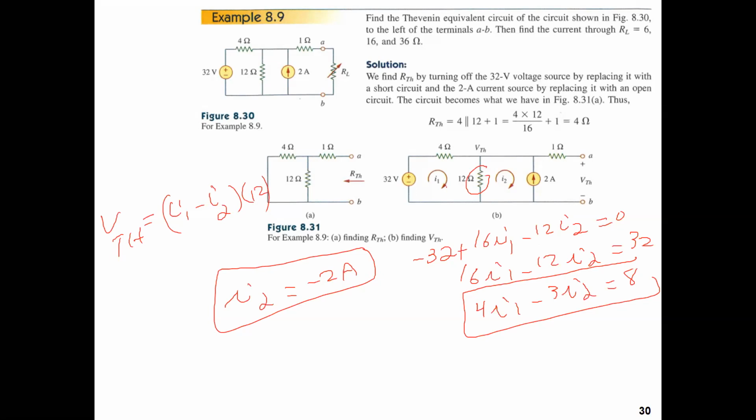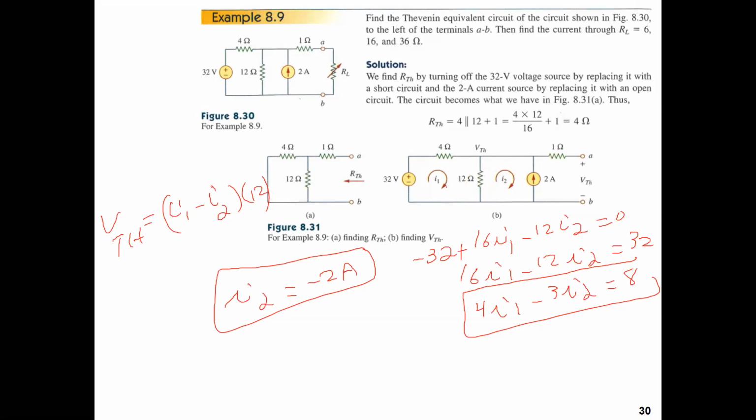Because VTH has the plus up here and the minus down here, and the current is flowing from this direction, that means the plus up and the negative down, so it has to be I1 minus I2. If VTH were a plus here and minus here, it would be I2 minus I1. So we just keep it like this.